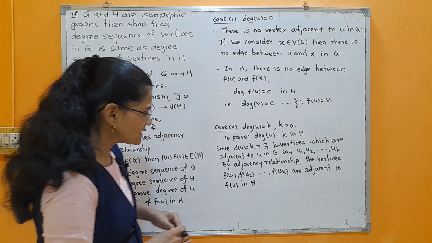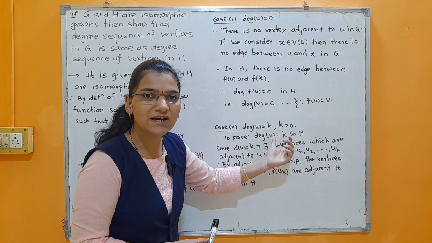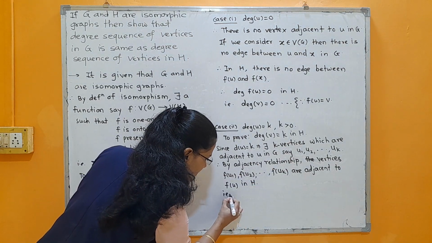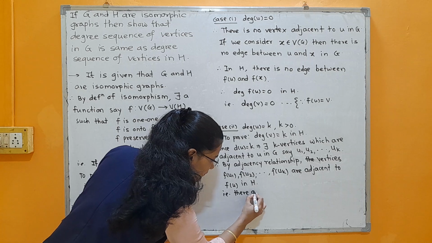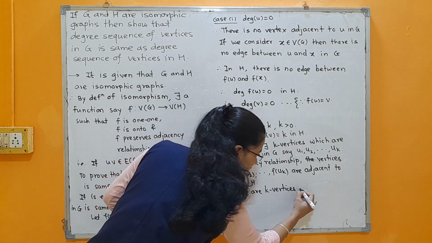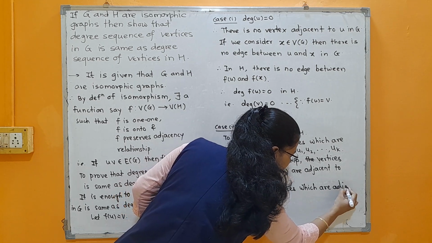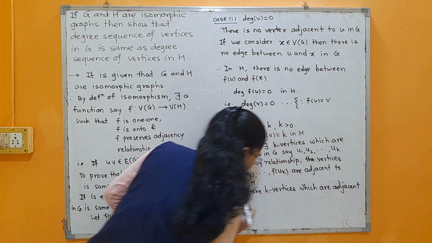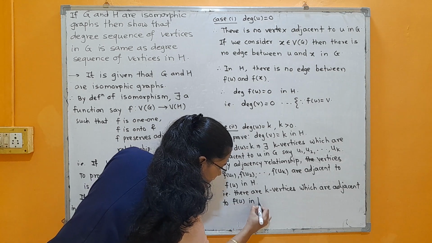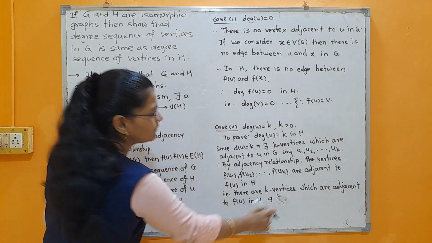And how many vertices are there? f of U1, f of U2 and f of UK. That means there are K vertices which are adjacent to f of U in H. So what will be the degree of f of U?